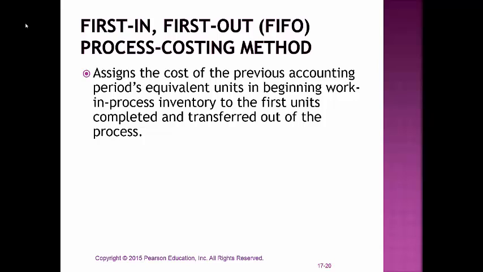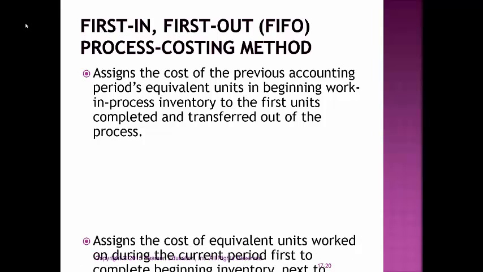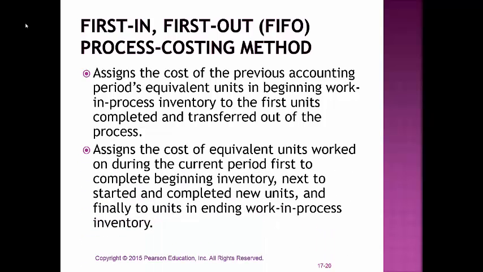So first in, first out. We'll then go about assigning cost to the items that were worked on during the current period. So the new ones that we start in this period are going to get cost assigned to them next, and then we'll finish up with assigning cost to whatever's left in ending work in process.